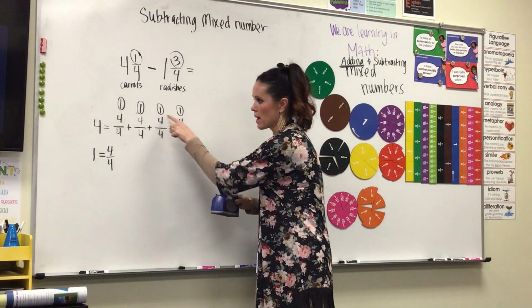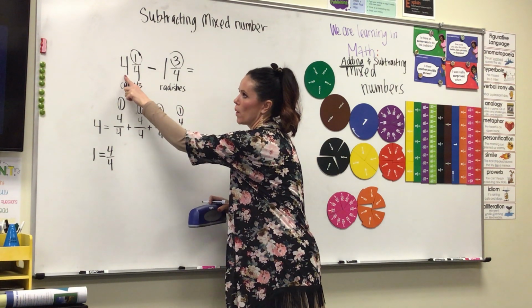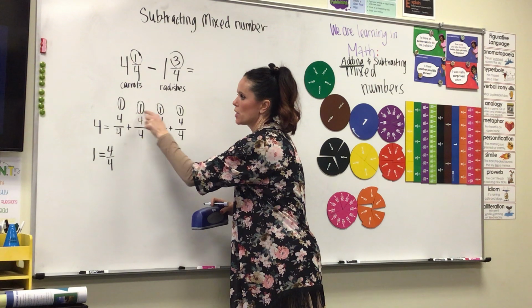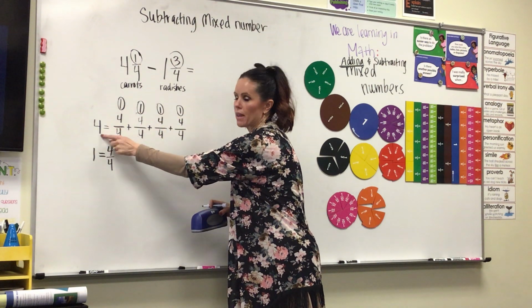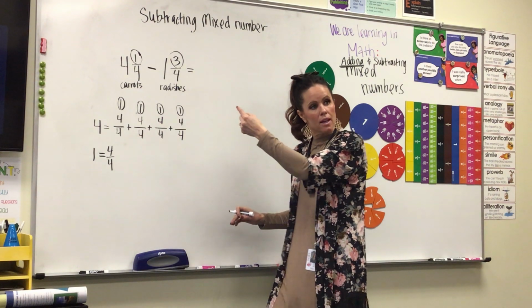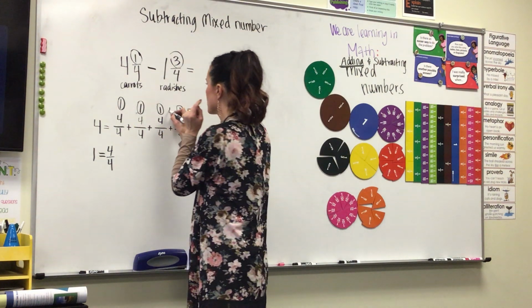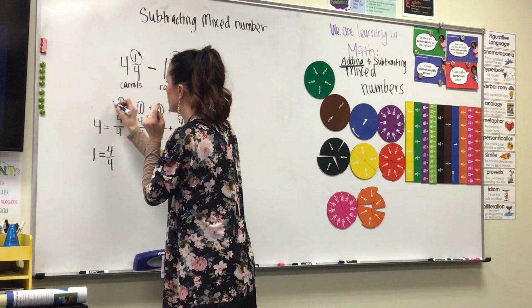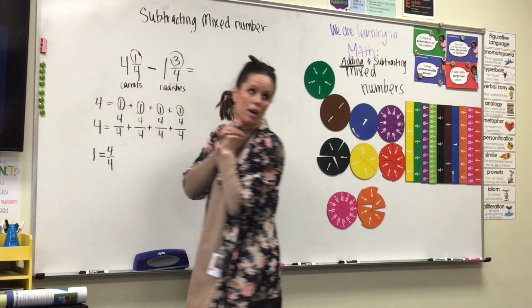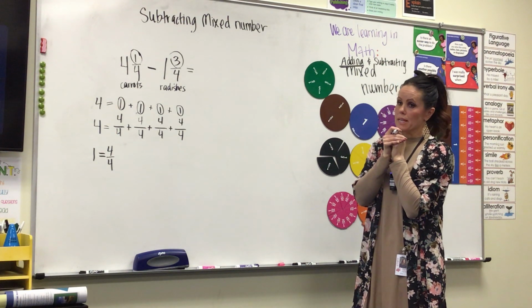These are all 1s, right? 1 is equal to 4 fourths. So now I have 4 equals 1, 2, 3, 4 equals the 4. Do you agree? Riker, can you see that? That these 4 fractions, when I add them together, actually equal 4. Yeah? Okay?